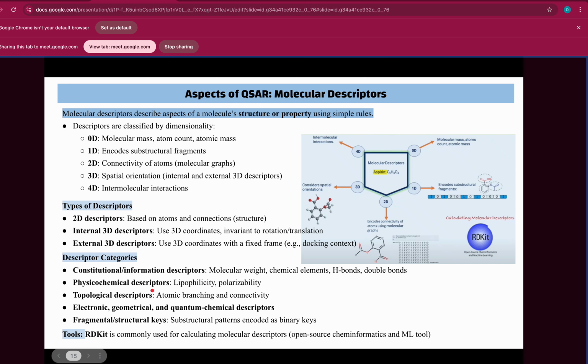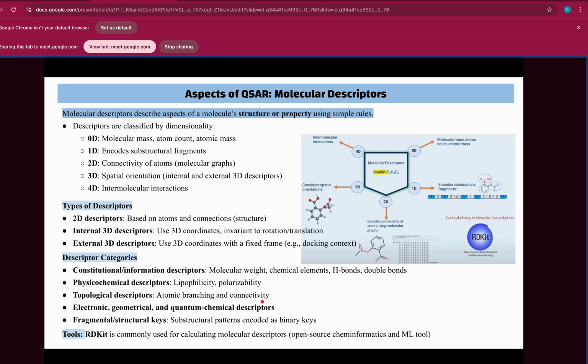Then come physicochemical descriptors, which tell you about physicochemical properties such as lipophilicity, polarizability. Then there are topological descriptors, which tell you about the atomic branching and connectivity. These topological descriptors come under the 2D category, in which it will tell you whether my structure is branched or unbranched.